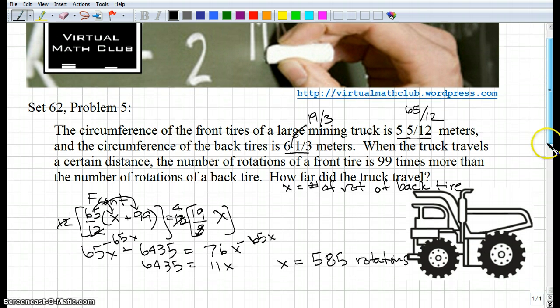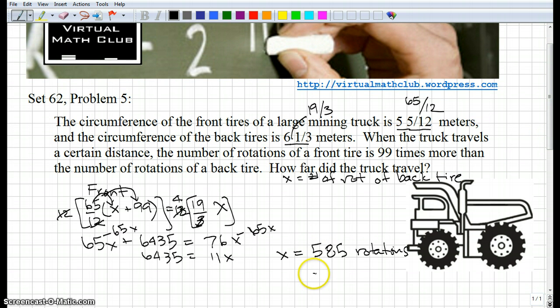Okay, so we go 585 rotations. It seems simpler to use the back tire. So we take 19/3 times 585. And what does that give us? Well, let's see. I can divide 585 by 3, right?